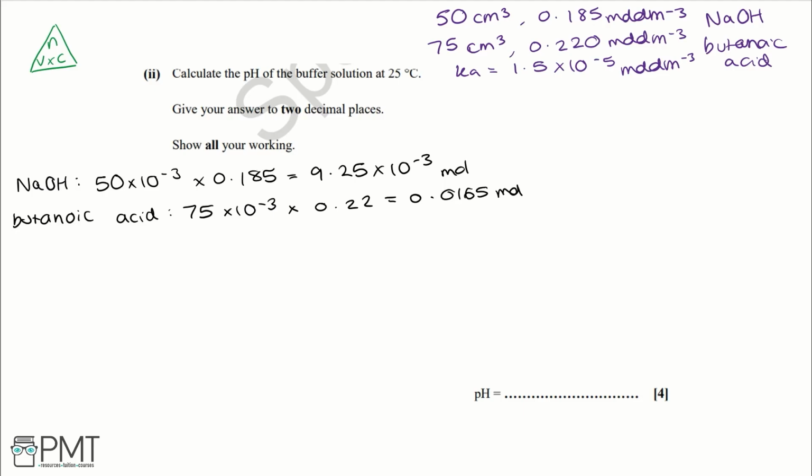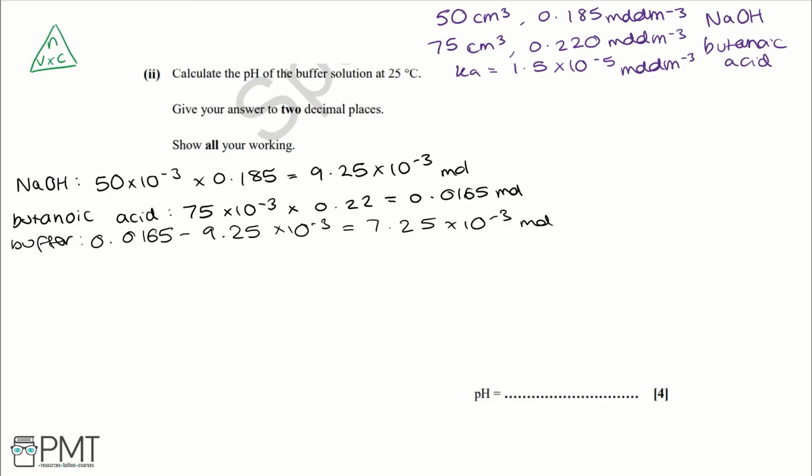So then if we work out the moles of the buffer, we need to minus these two values. So it's going to be 0.0165 minus 9.25 times 10 to the negative 3, and that equals 7.25 times 10 to the negative 3 moles.